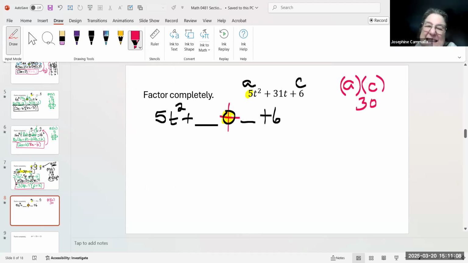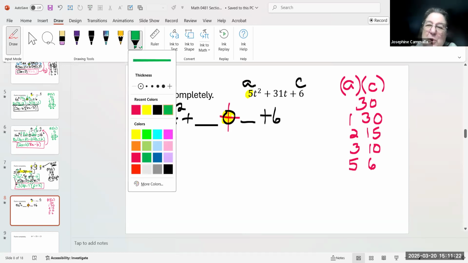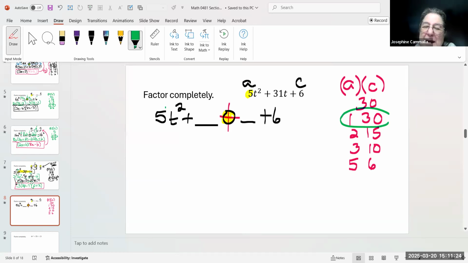Well, 1 and 30, 2 and 15, 3 and 10, 5 and 6. Now, some of you would have been able to stop right here. Why? Because I'm adding to get 31. But these are my only 4 choices.